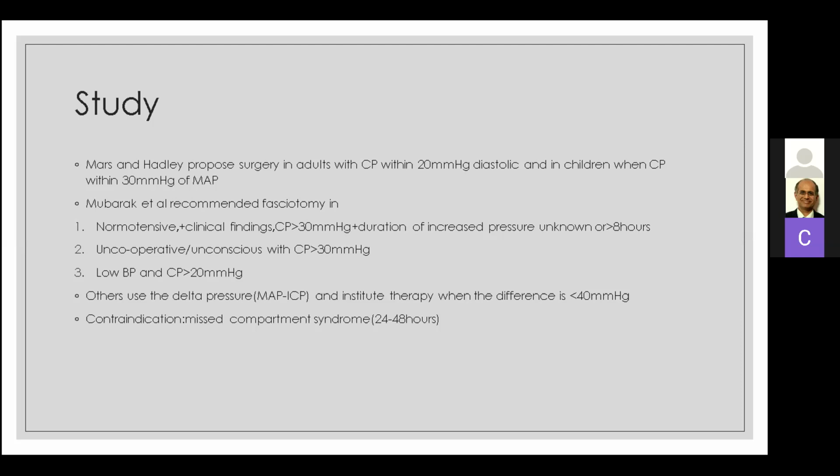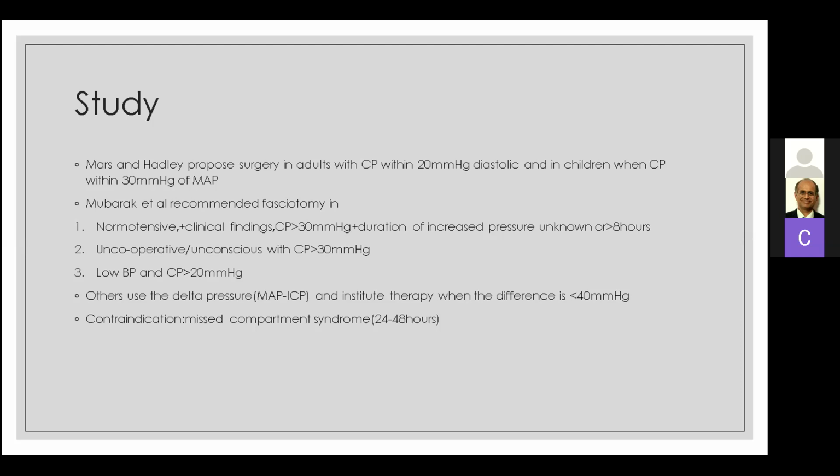Mubarak and others recommend fasciotomy if the patient is normotensive, that you have positive clinical findings, the compartmental pressure is more than 30 millimeters of mercury, as well as if the duration of the increased pressure is unknown or more than 8 hours.